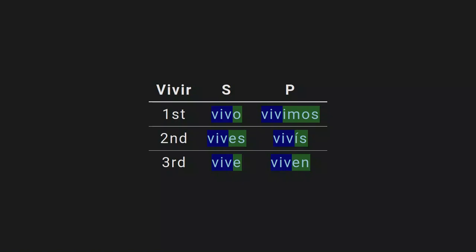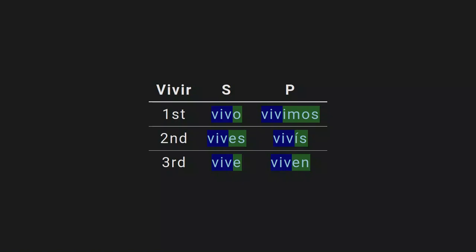But nonetheless, the i still manifests itself as a thematic vowel in the IR verbs, right? So we have vivimos and vivís. I'm not sure whether this is a grammatical or a phonetic rule, but it's there nonetheless. And if it helps you to think of this as a third verb group, that's fine too.